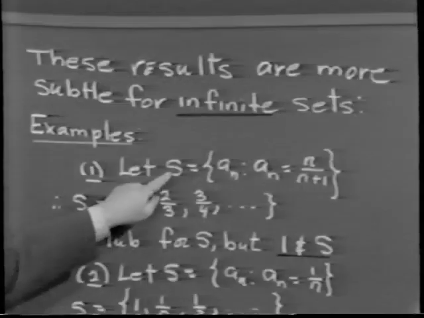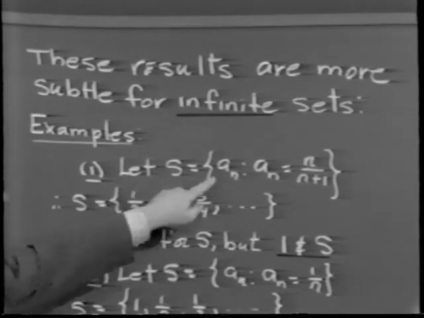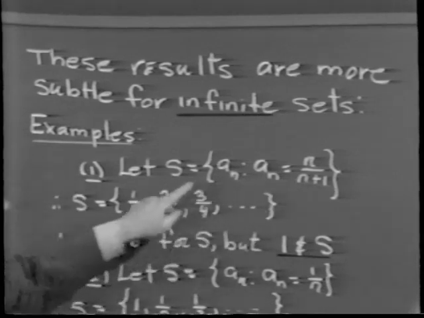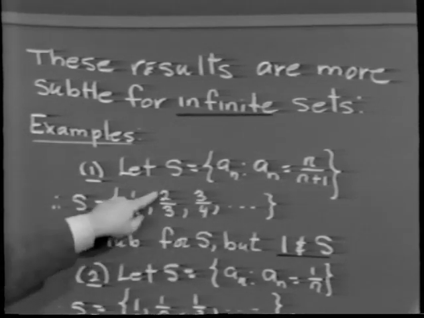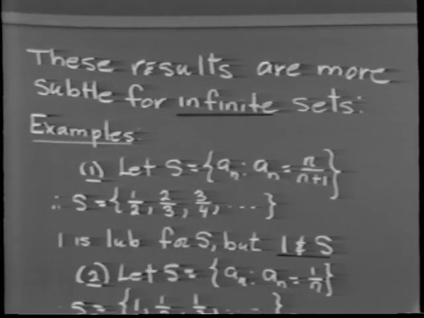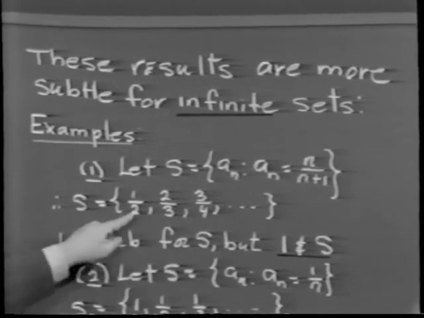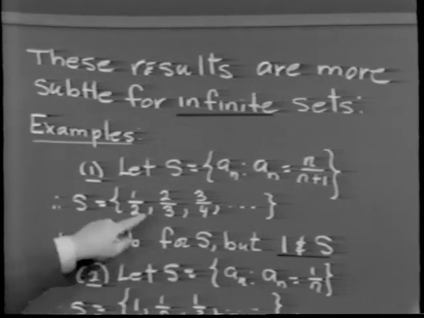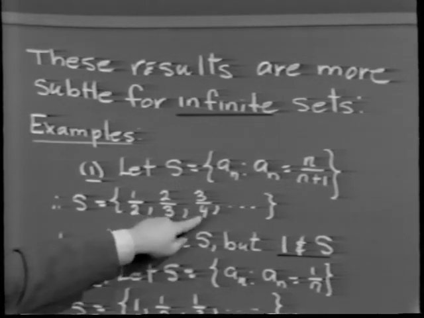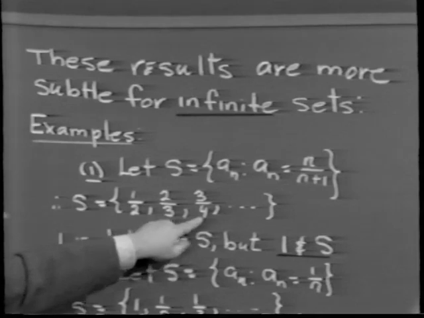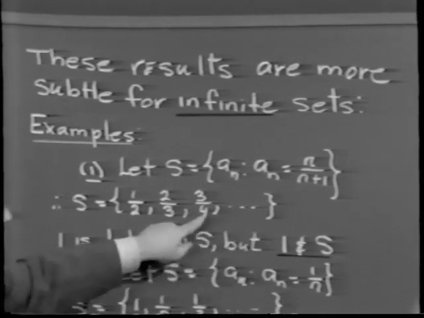Now let S be the set of numbers where the nth number is n over n plus 1. In other words, the first member of S will be a half, the second member 2/3, the third member 3/4, etc. Now, let's take a look to see what the least upper bound for S is, and sparing you the details, I think you can observe at this stage of the game, especially based on the homework of the last unit, that the limit of the sequence S is 1.